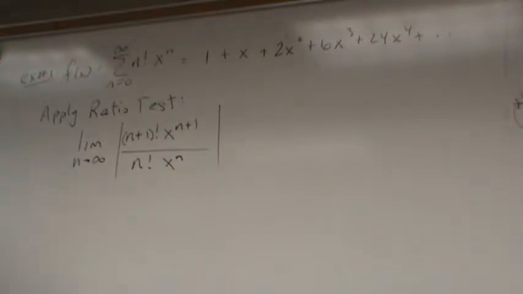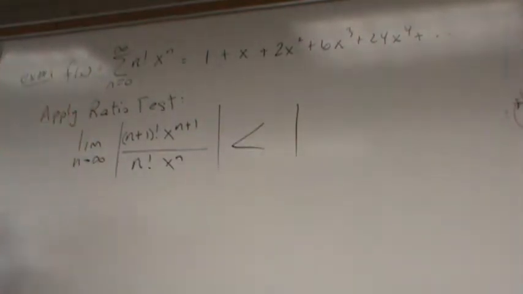But I'm not doing this to find out if it converges or diverges. I want it to converge. I want the interval of convergence. So I'm not going to use the ratio test to determine if it converges or diverges. No, I want the values of x that make this converge.